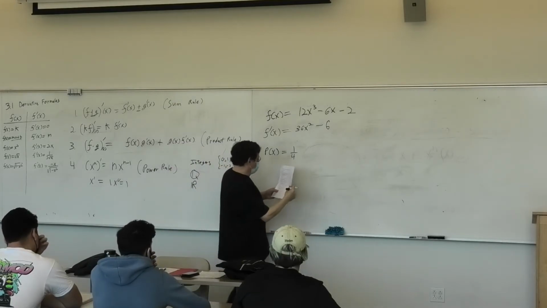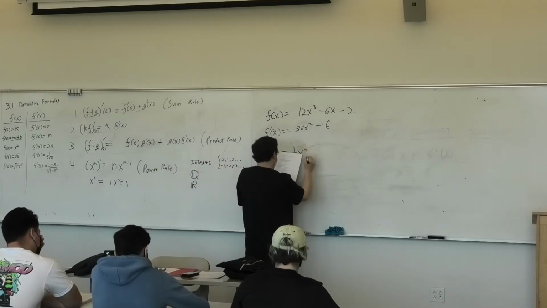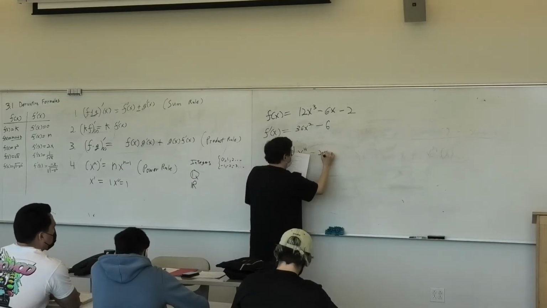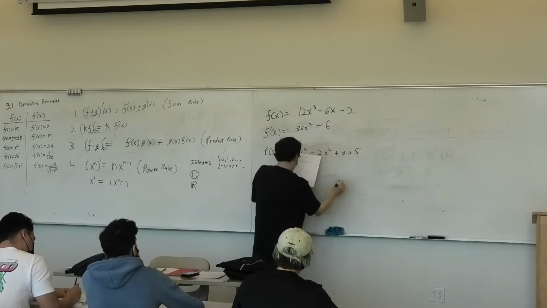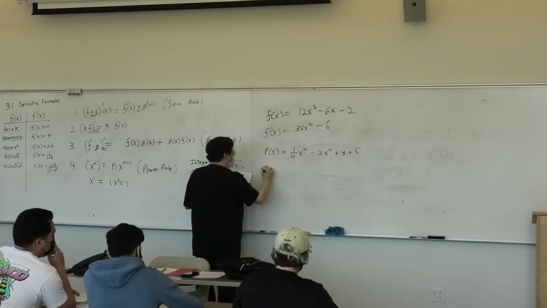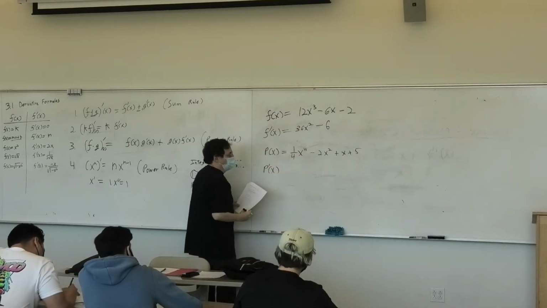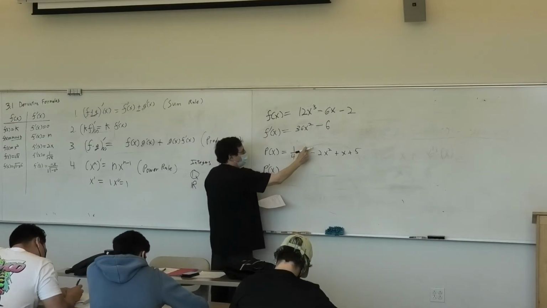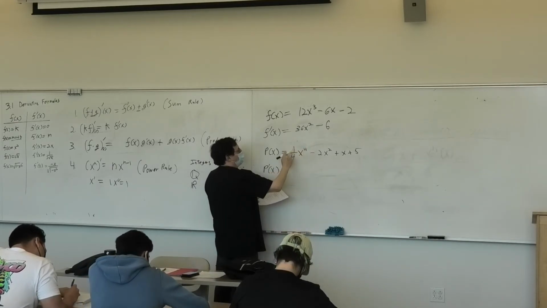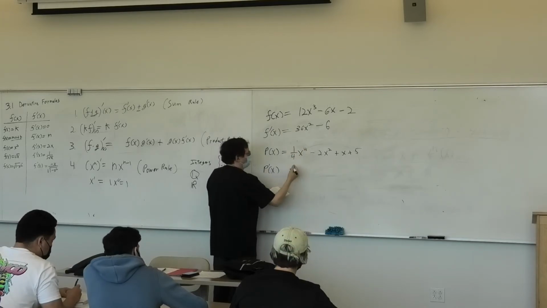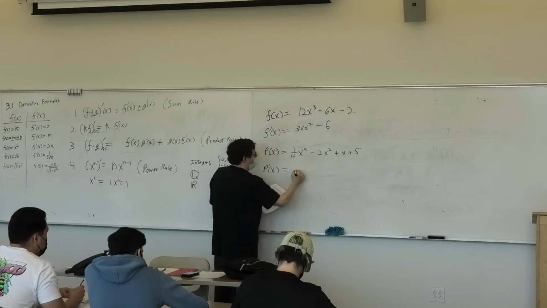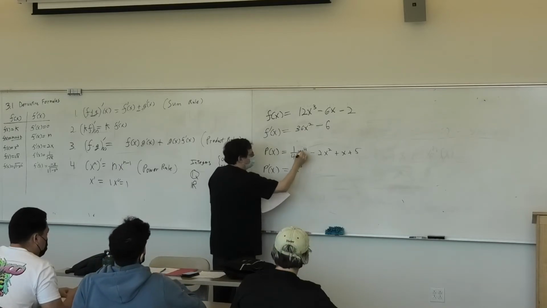One fourth x to the 4th minus 2x squared plus x plus 5. So the derivative, again, just really easy. You take the exponent, multiply it by the coefficient if there is one. 4 times a 4th is just 1, and you subtract 1 from the exponent.